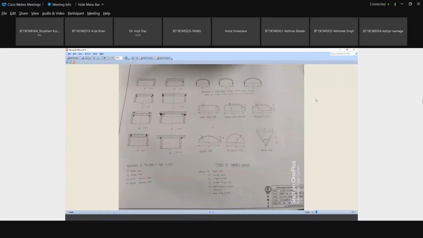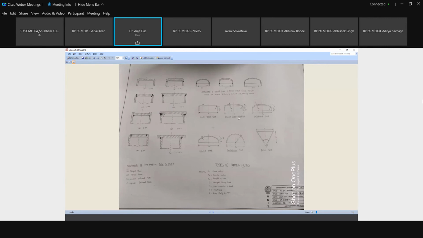So now you can see here the next assignment of your design lab is to draw the different types of heads. We already discussed the different types of heads. The main category is the flat head and another is the formed head. And in flat head, okay, different types of weldings are there. You see here the black portion is nothing but the different types of welding.